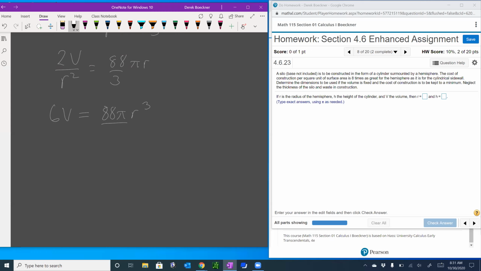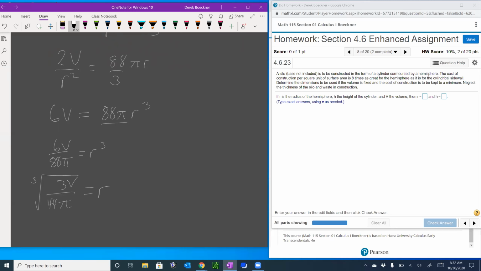Divide by 88 pi and then take a cube root. So 3V over 44 pi under a cube root is equal to r. Should have a V in there.